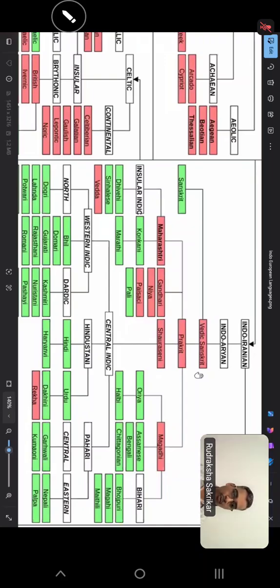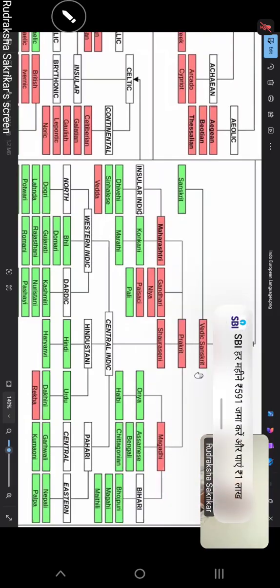Nobody speaks it in Iran now, but some scriptures are available, and scholars have studied the similarities and differences between Vedic Sanskrit and Avestan.